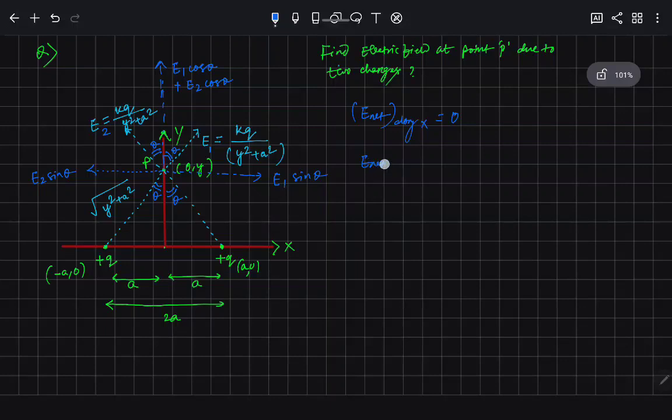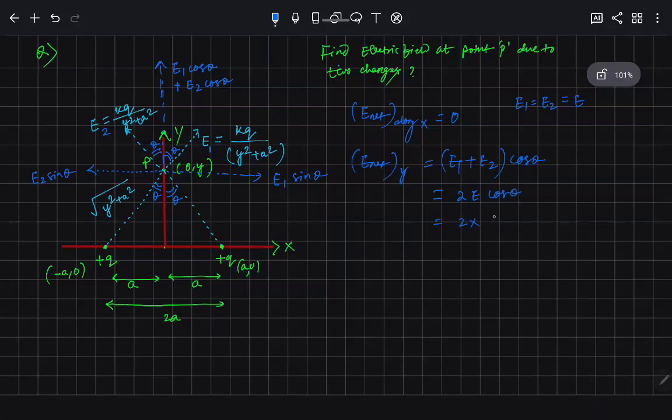Now E net along Y will be (E1 plus E2) cos theta, and you know that E1 is equal to E2. Let's take E, so it will be 2E cos theta.